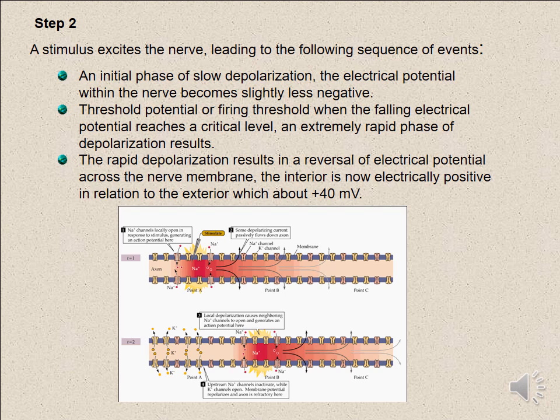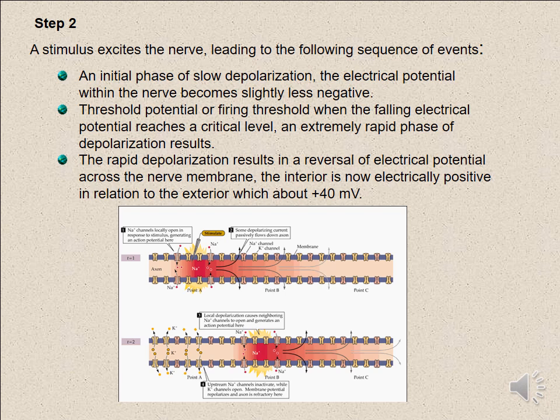When the second step starts, a stimulus is exerted on the nerve, leading to the following sequence of events: the threshold phase and rapid depolarization. The first phase is the initial phase of slow depolarization; the electrical potential within the nerve becomes slightly less negative.